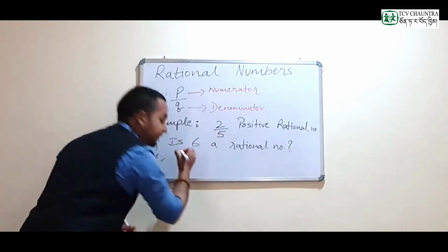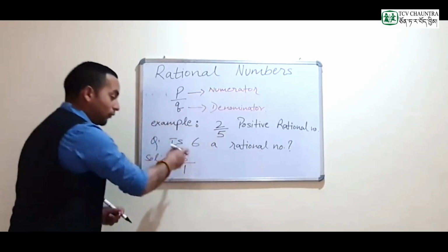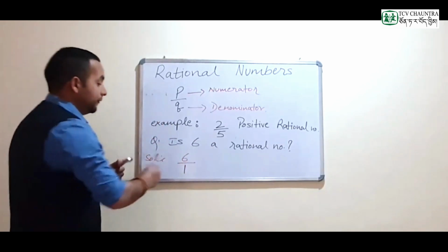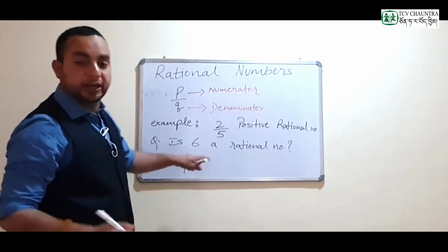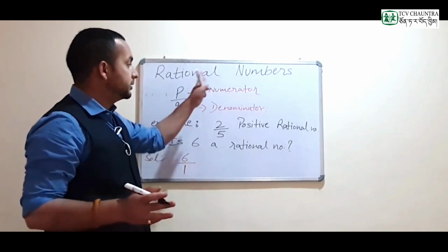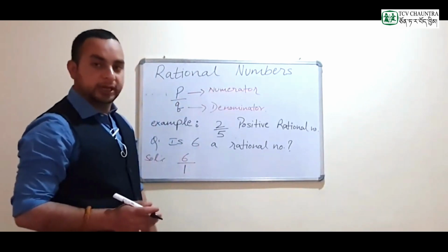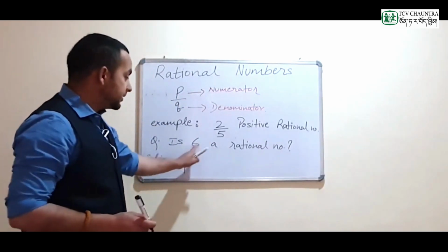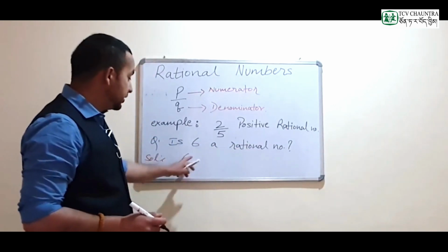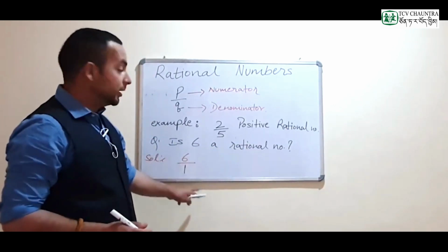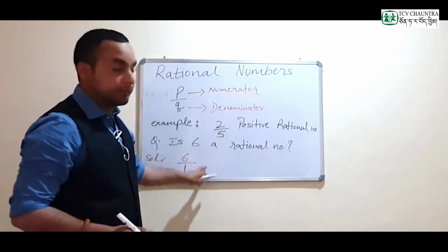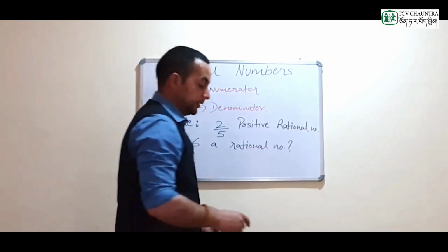In the denominator of 6 we take 1, so we express 6 in the form of p by q, which means a natural number is also a rational number. So these two are positive rational number examples.